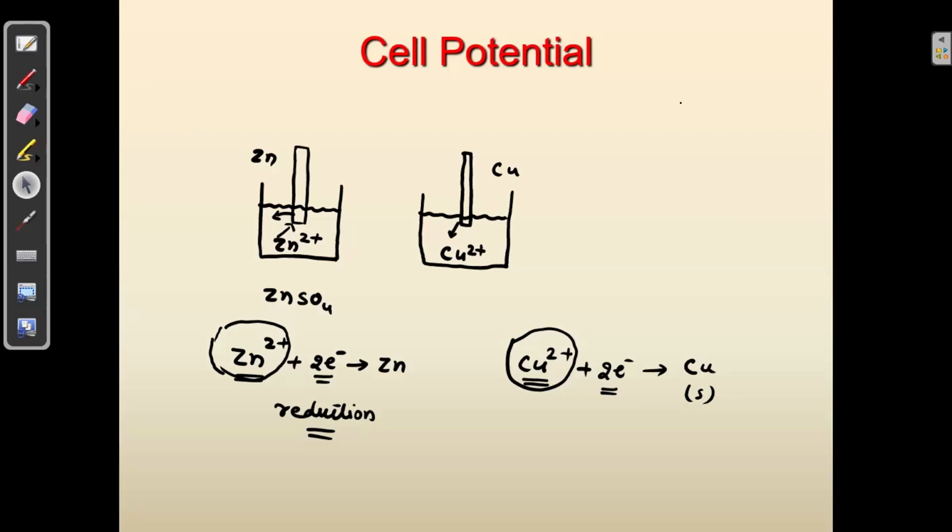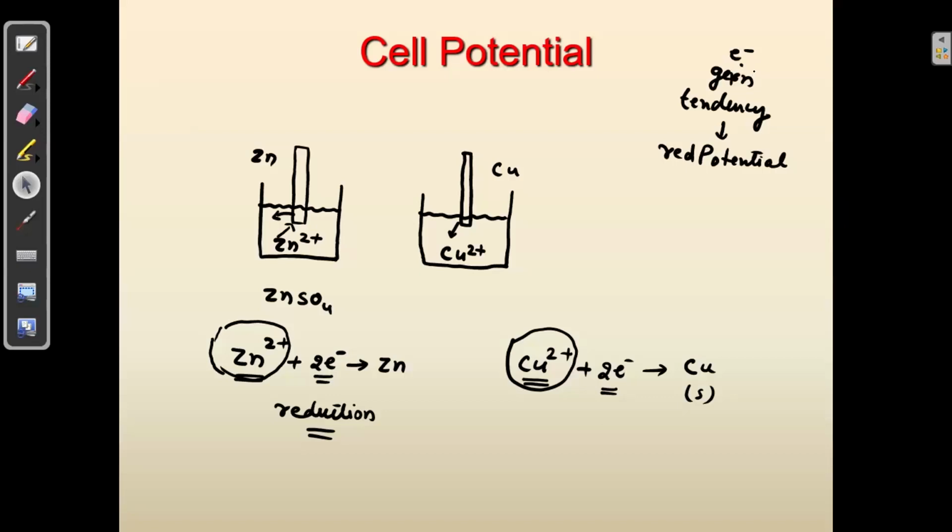So now let us replace this word tendency with potential because both are the same. Instead of saying tendency of gaining electrons, let me now call this reduction potential. Okay.